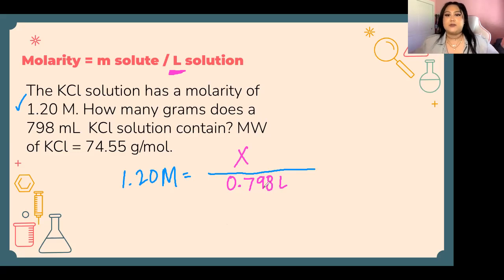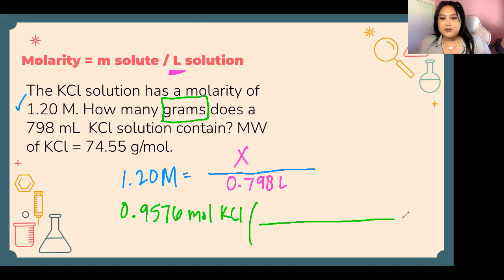So 1.2 times 0.798 is 0.9576 moles of KCl, and it's asking us grams. So always be careful of what they're asking you. So 1 mole of KCl is 74.55 grams.